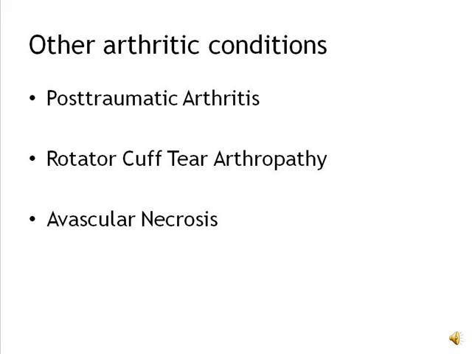Rotator cuff tear arthropathy is arthritis that can develop after a large, long-standing rotator cuff tendon tear. The torn rotator cuff can no longer hold the head of the humerus in the glenoid socket, and the humerus can move upward and rub against the acromion.